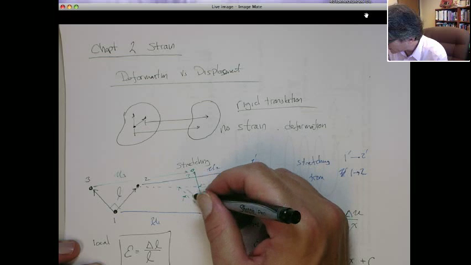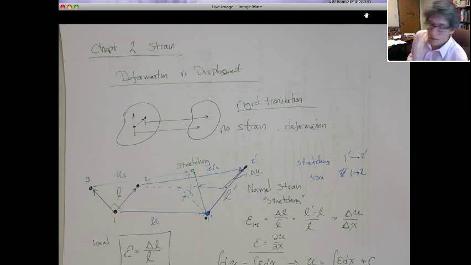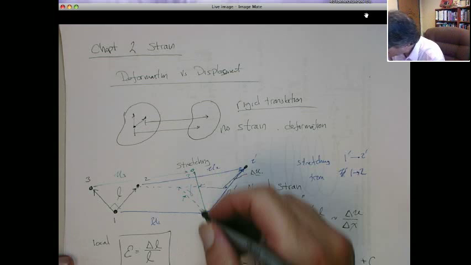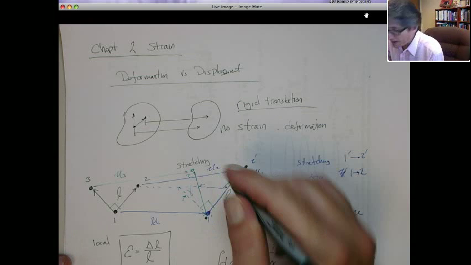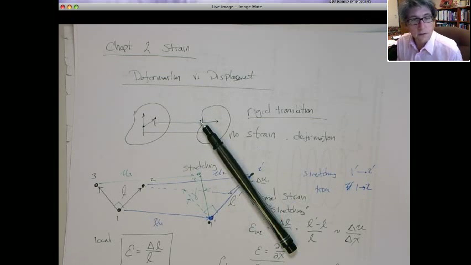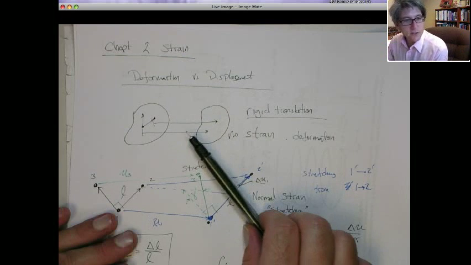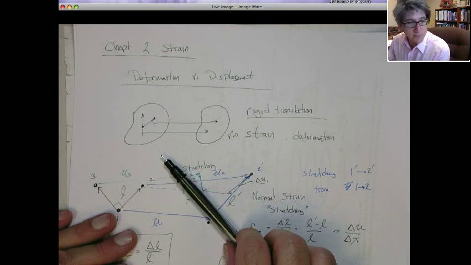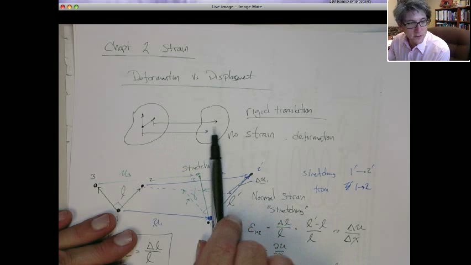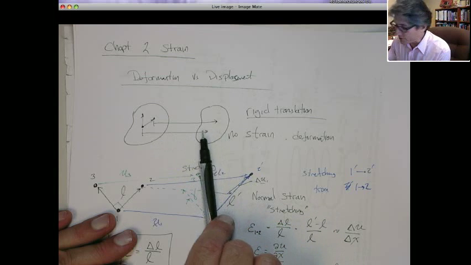I'll call that angle gamma. So this is a right angle, and this material has not only stretched, but it's got this associated angle change.